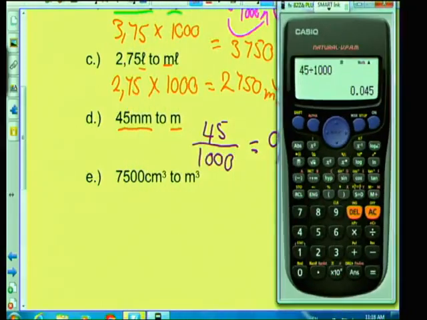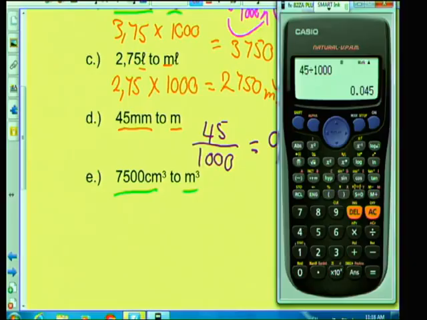Okay, excellent. Now, this is the one that will probably give us the most headache. But I think we've sorted it because we did some explanation a little earlier, and I hope you've remembered some of that. What we've got is 7,500 centimeters cubed, and we want to convert it to meters cubed. Now remember what we said earlier.